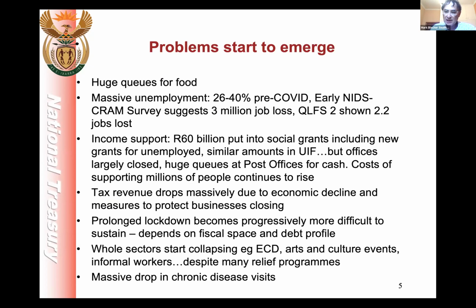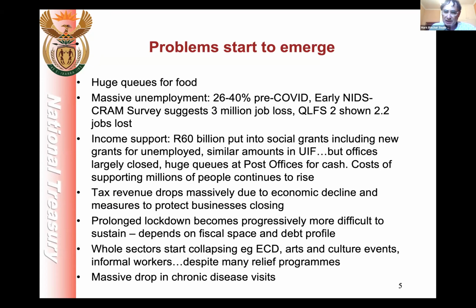This is pre-COVID. And then you started with big academic studies like the early NIDS-CRAM survey suggesting that this lockdown had led to the loss of 3 million jobs. And then Statistics South Africa coming in, showing that formally our official statistics agency by Q2, 2.2 million jobs lost in a country that already has severe unemployment and inequity.